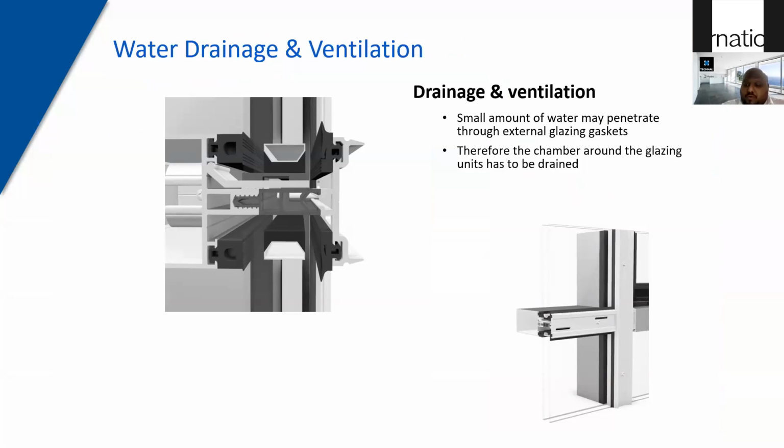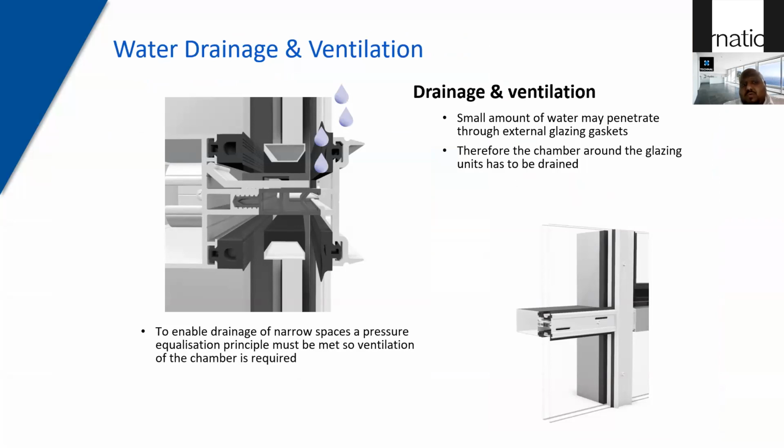But a small amount of water is expected to penetrate through the external glazing gaskets. Therefore, the chamber around the glazing has to be drained. In tested curtain walling systems, you would have effective drainage through what we call pressure equalization. By having strategic holes positioned in your mullions and transoms, you're able to drain the water which seeps in through these external gaskets seamlessly.